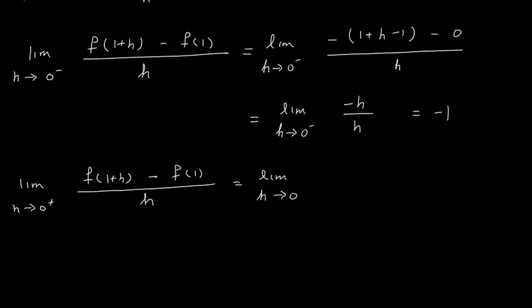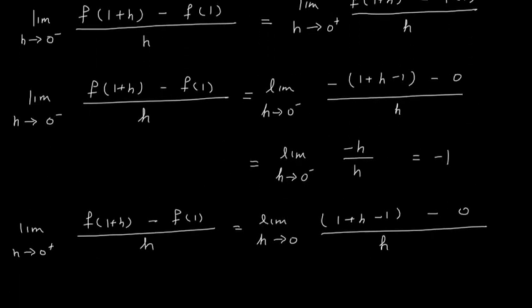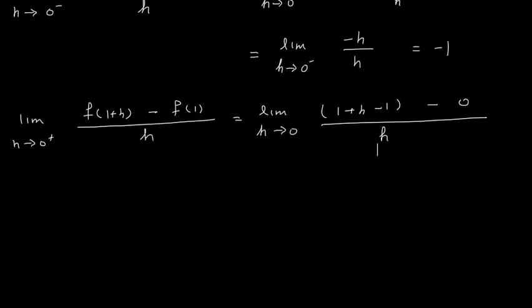So I will say that it is (1 + h - 1), and f(1) is 0, divided by h. Why is f(1) 0? If you put x = 1, you will get 1 - 1 = 0. So here it is h upon h, so h upon h will cancel and I will get the answer 1. So here we are getting -1 and here we are getting +1.